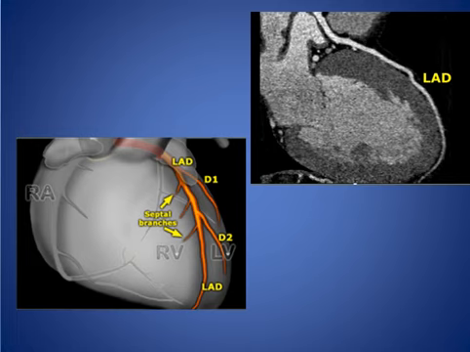The LAD supplies most of the left ventricle and also the AV bundle. The diagonal branches come off from the LAD and run laterally, as we said, and the septal branches run medially.